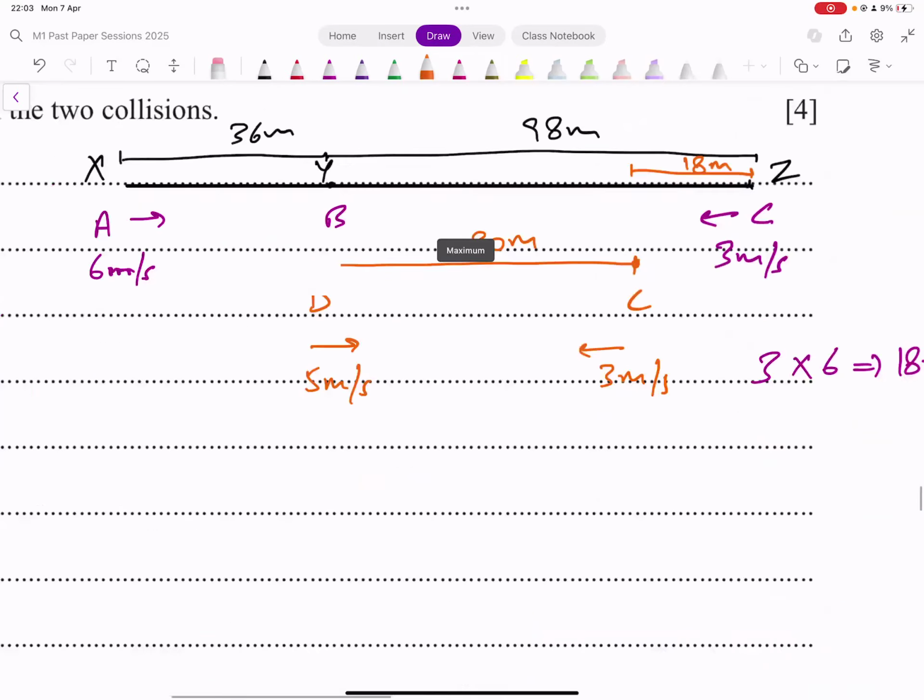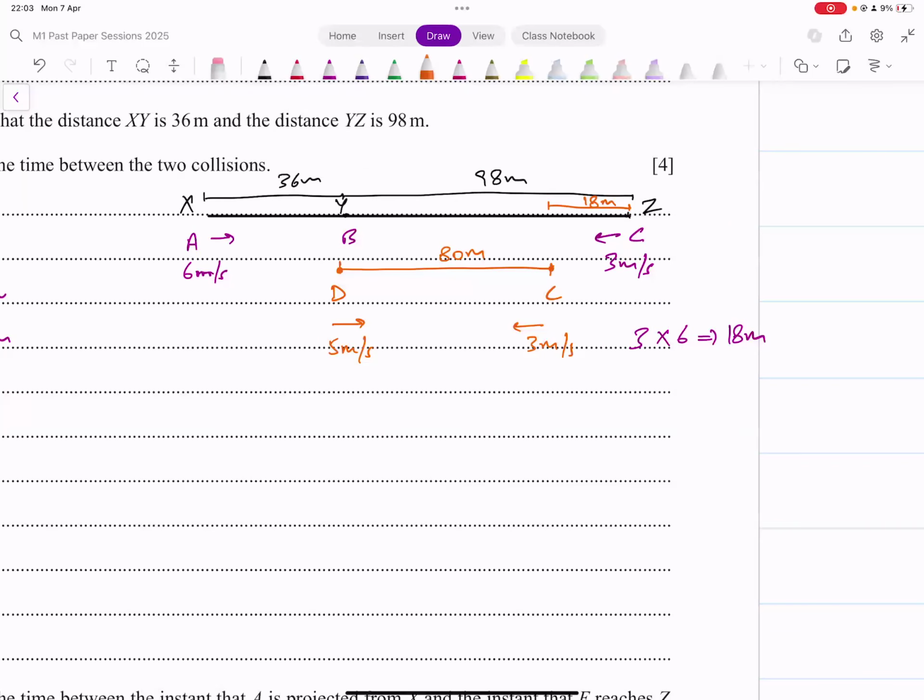In every single second, D moves 5 meters to the right, C moves 3 meters to the left. How much closer do they get to each other every second? 8 meters, right? One is traveling 5 meters and the other is traveling 3 meters in every second. So their relative speed is 8 meters per second, right? So every second, they're coming closer by 8 meters.